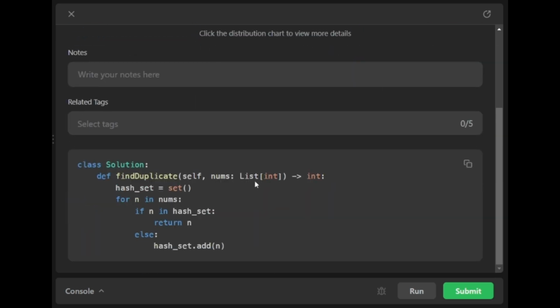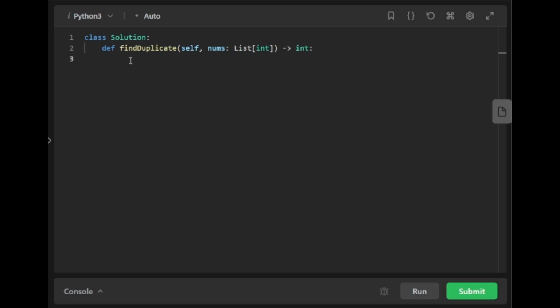Let's head over to another way. We will have two pointers, slow and fast, both at the initial position, which would be nums of 0.